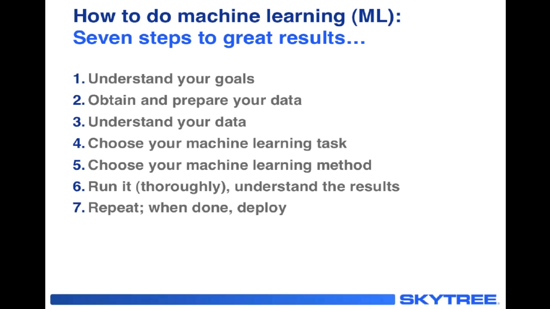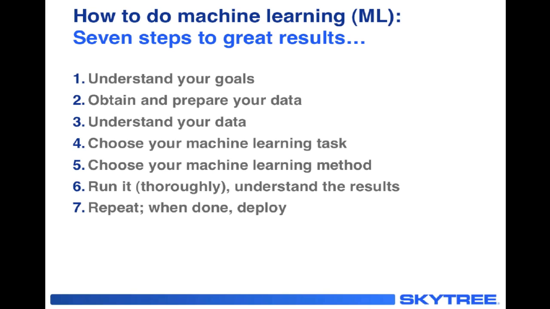Okay, so we'll jump right to it. So how do you do machine learning? Well, 7 steps to great results. I first put 7 easy steps, but they're not necessarily that easy. Some of these may seem obvious, but it is useful to pause on them.